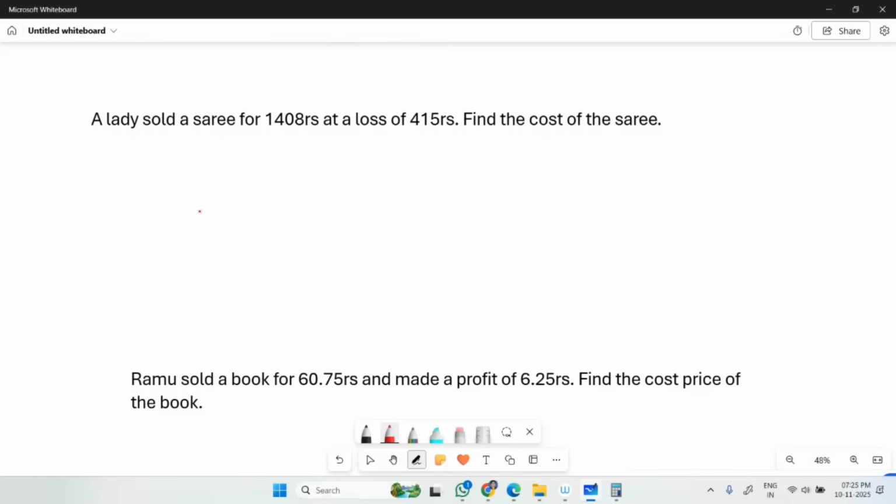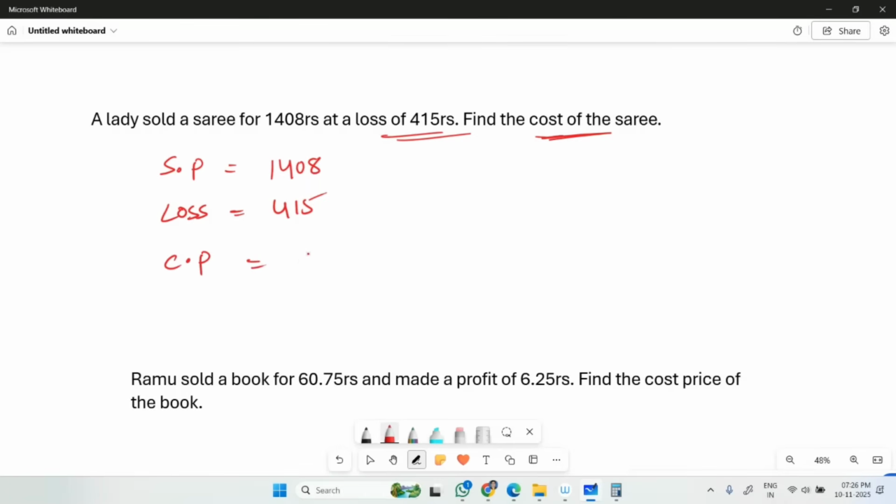A lady sold a saree for 1408 rupees at a loss of 415 rupees. Find the cost of the saree. Okay, so according to the question, selling price is 1408 rupees, and loss also given, which is 415 rupees. To find out the cost price, we have a formula.